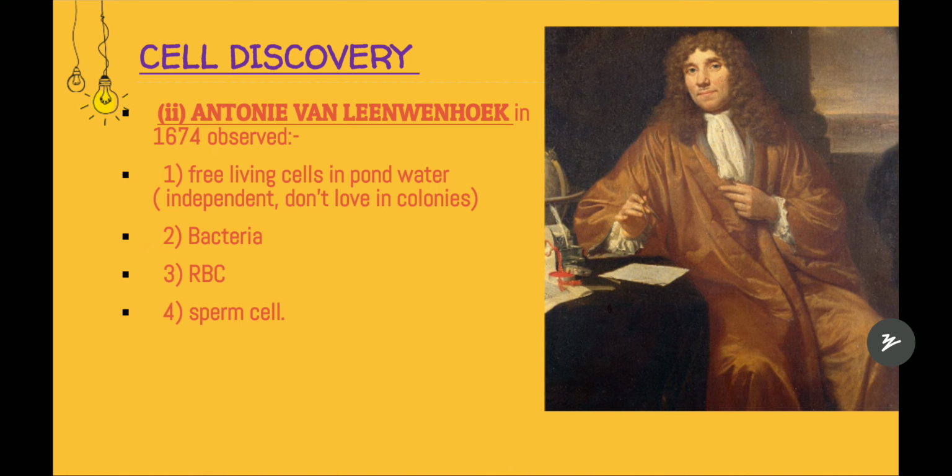He observed free living cells in pond water, bacteria, red blood cells, and sperm cells. He is also named the father of microbiology, because all these, free living cells in pond water, bacteria, RBC and sperm cells, come under microbiology.